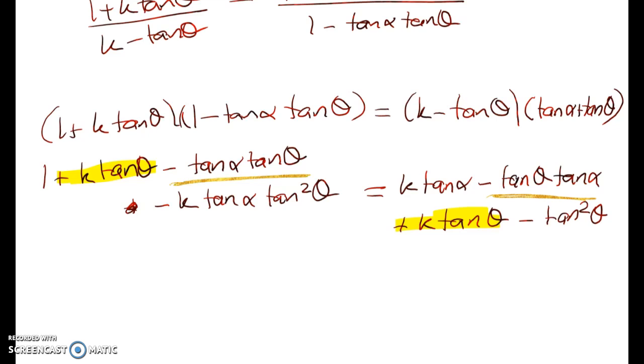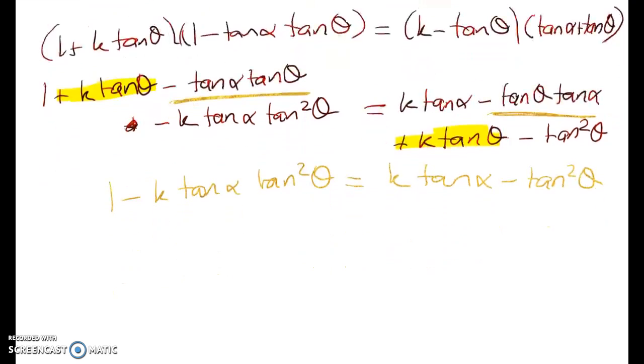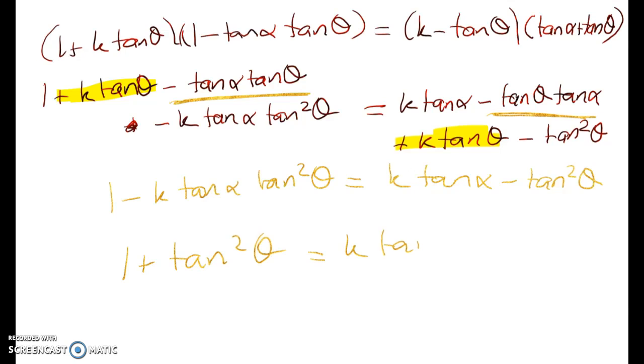So things are disappearing. I've got 1 minus k tan alpha tan squared theta is equal to k tan alpha minus tan squared theta. I'm going to chuck all the stuff with alpha onto the right-hand side. 1 plus tan squared theta is equal to k tan alpha. I've done something wrong. Oh no, plus k tan alpha tan squared theta.